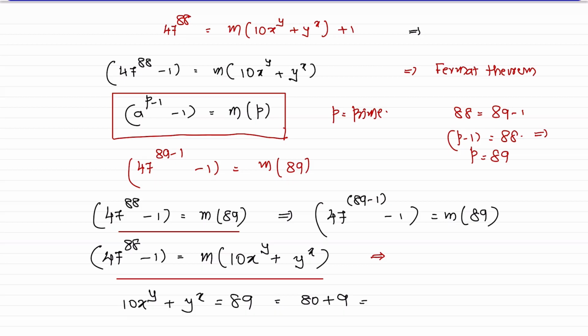How 80 can be written? 10 into 8 plus 9. That implies 10 into x to the power of y plus y to the power of x is equal to 10 into 8 plus 9.